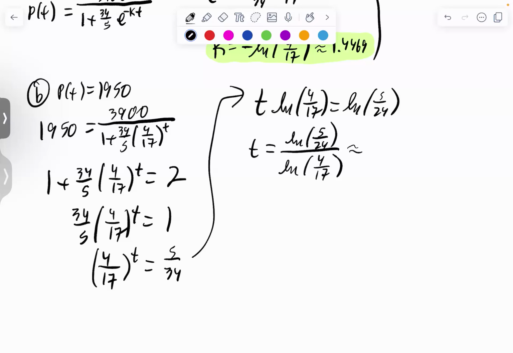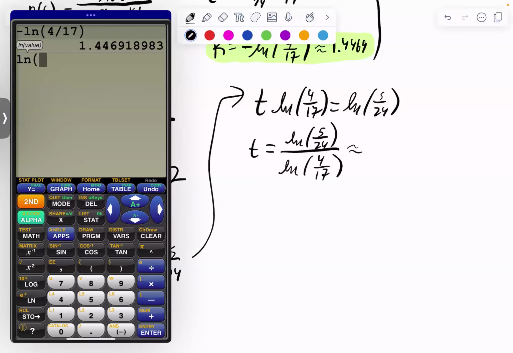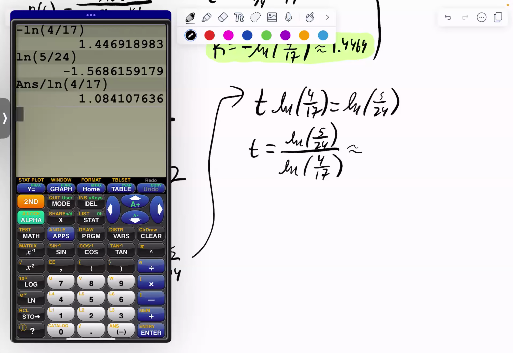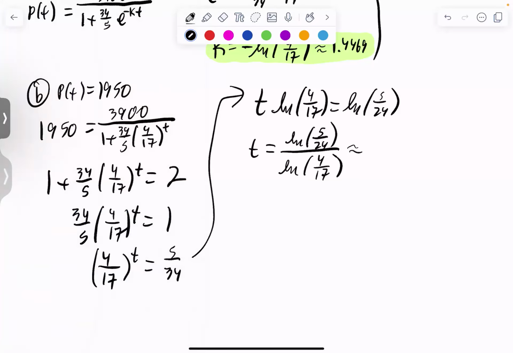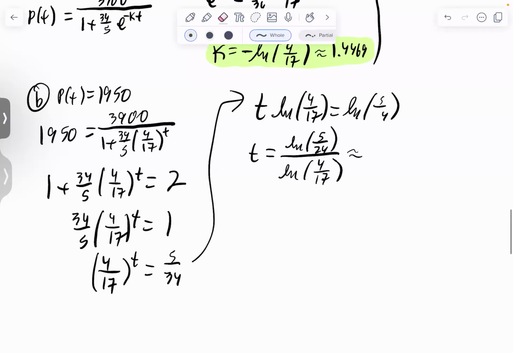Let's see what we get. Natural log of 5 divided by 24 divided by the natural log of 4 divided by 17. And I'm getting a slightly different answer than what I got with my notes. Oh, that should be 5 over 34, not 24.